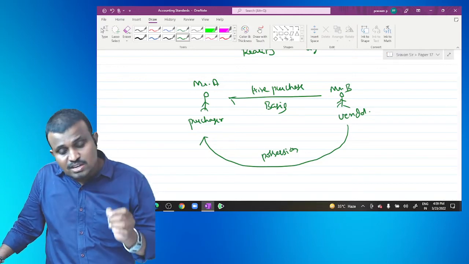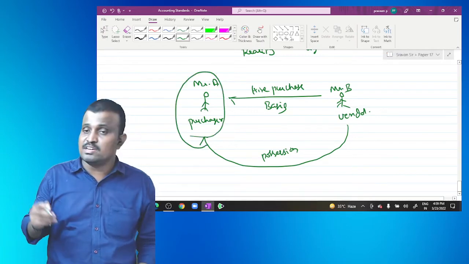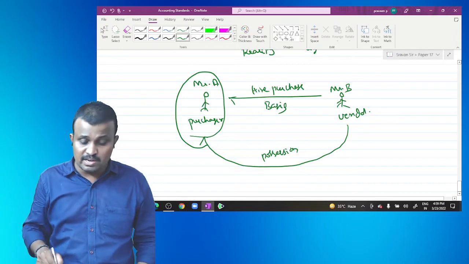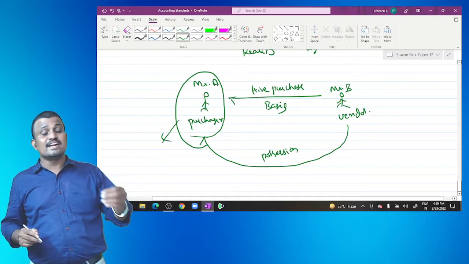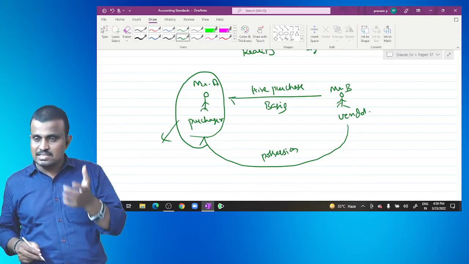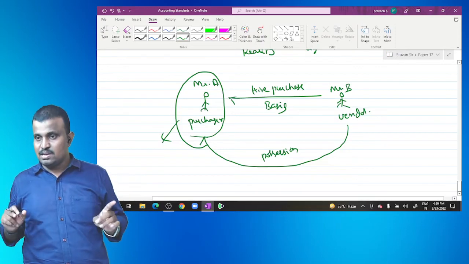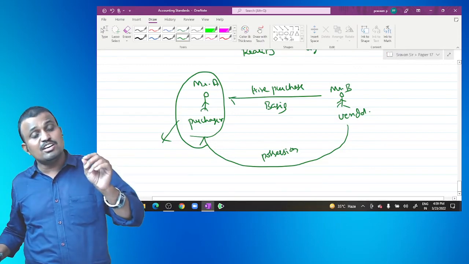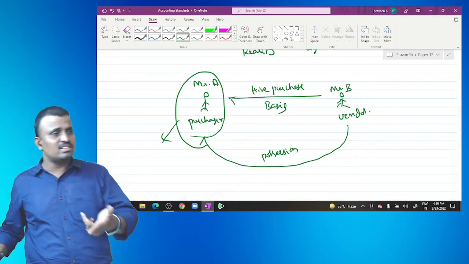But in case of hire purchase, at the time of purchase itself, after making the down payment, the purchaser records that item as an asset in his books of account. Because he used the asset for business purposes, even though ownership is not with him.